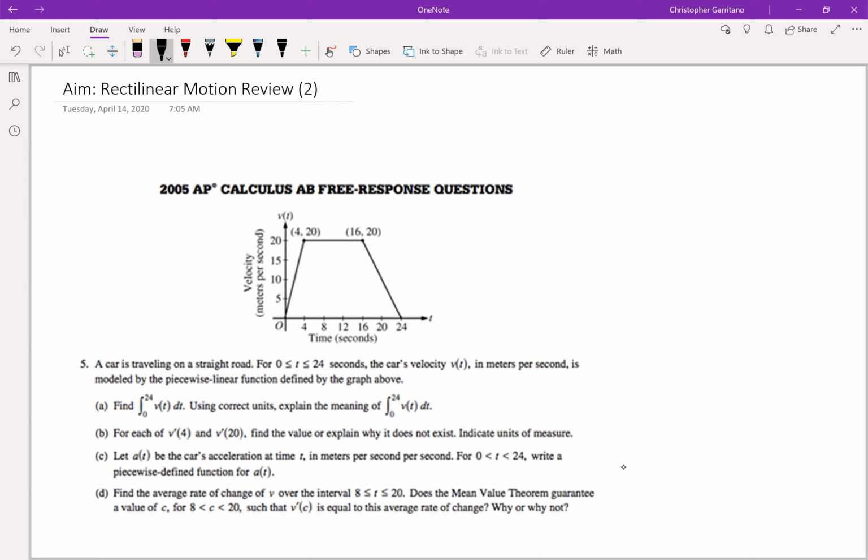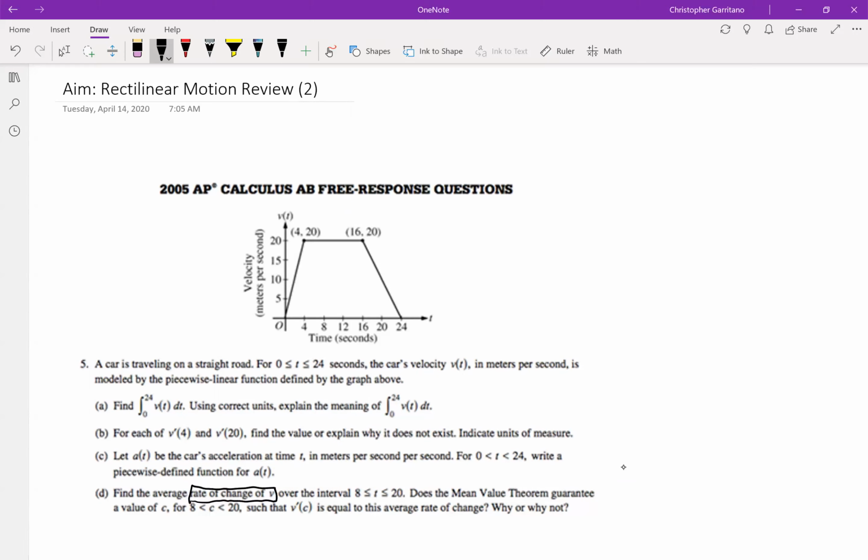So we're going to first focus on the first task, which is finding the average rate of change of velocity over this time. The average rate of change of velocity is another way of saying the average acceleration, right? The rate of change of velocity is your acceleration.